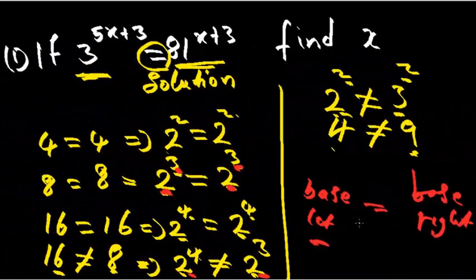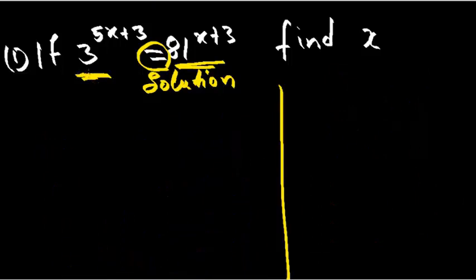Right. So now with this concept, we can proceed to solve our question. That means if we are able to make the base of the left side and that of the right side the same, then we can equate the index of the right side to the index of the left side.